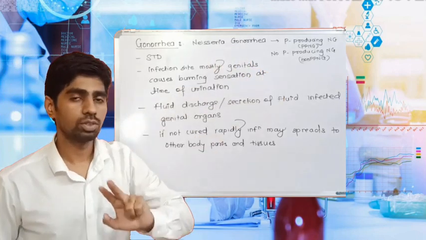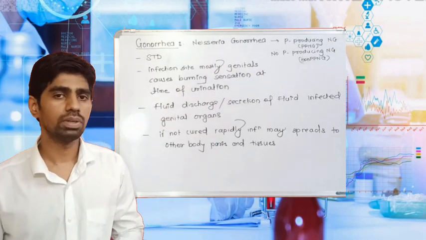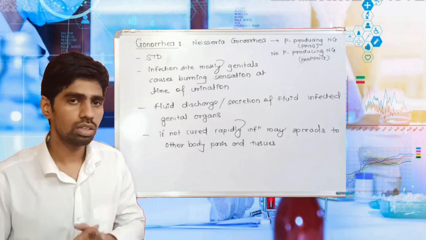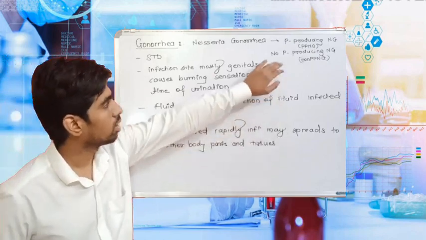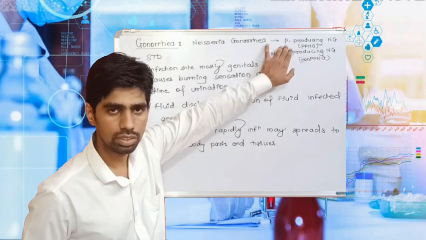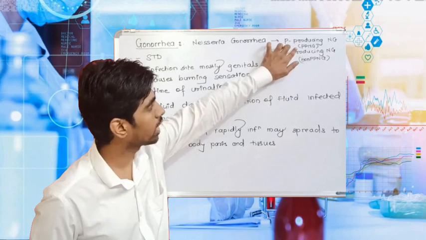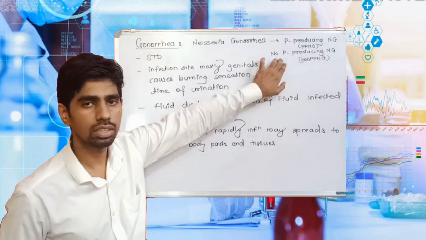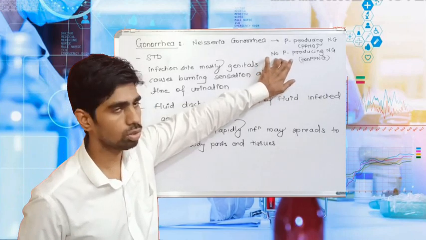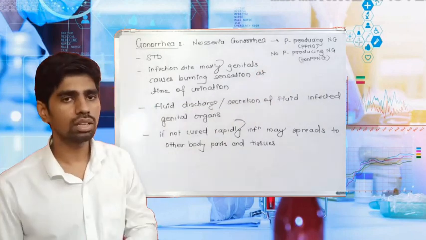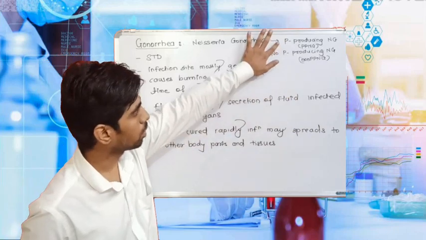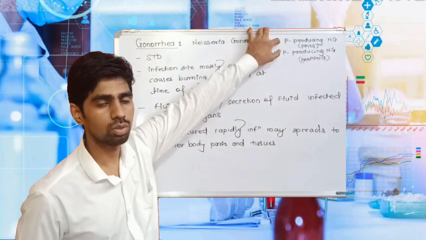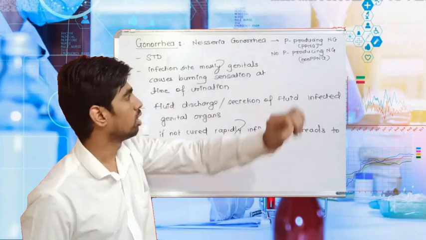There are two types of Neisseria gonorrhoeae on the basis of their response toward drugs. These are penicillinase producing Neisseria gonorrhoeae, abbreviated as PPNG, and the second type, non-penicillinase producing Neisseria gonorrhoeae. So you can understand that PPNG will be resistant toward the penicillins.